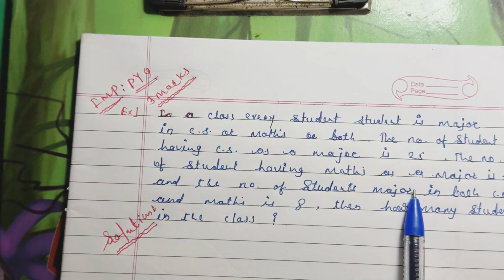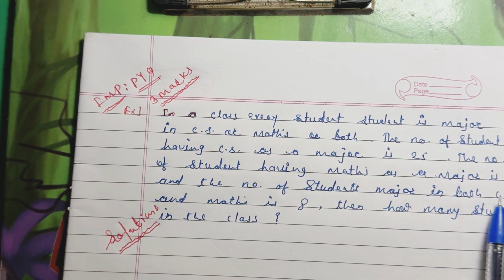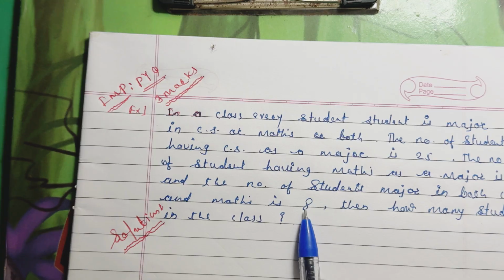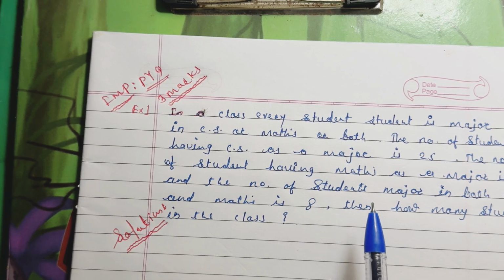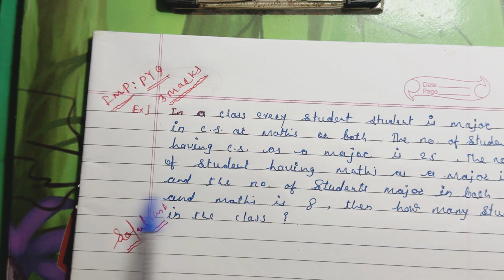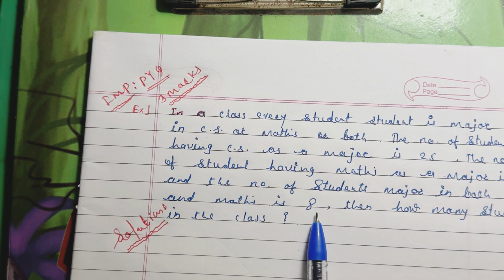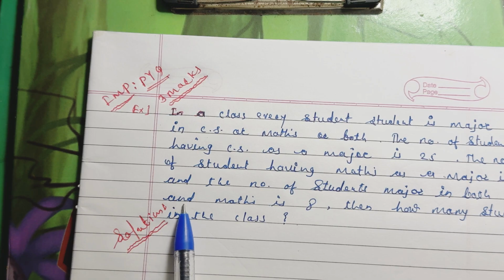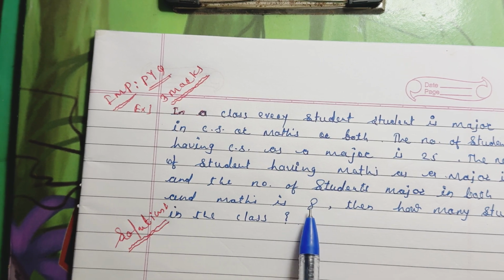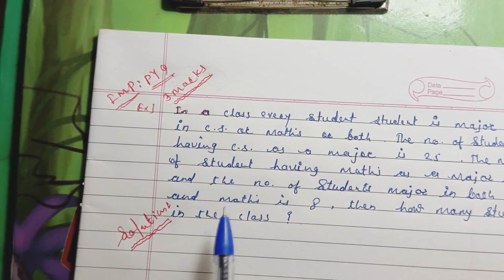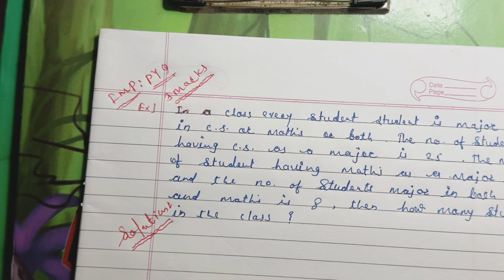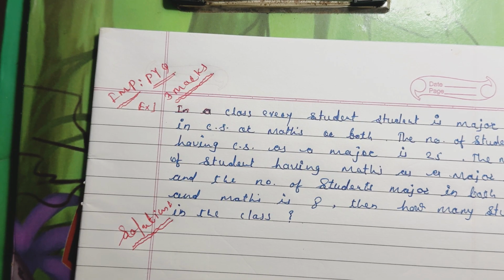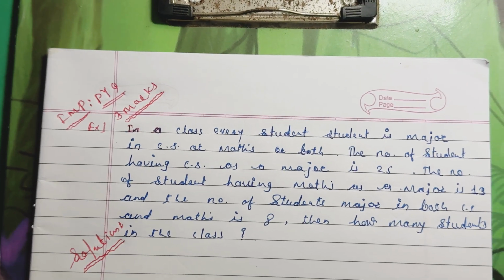And the number of students majoring in both computer science and maths is 8. That means we have the intersection. Whenever you get the word 'and', you get the intersection. Then, how many students are in the class? Using this data, we have to find out how many students are present in our class.